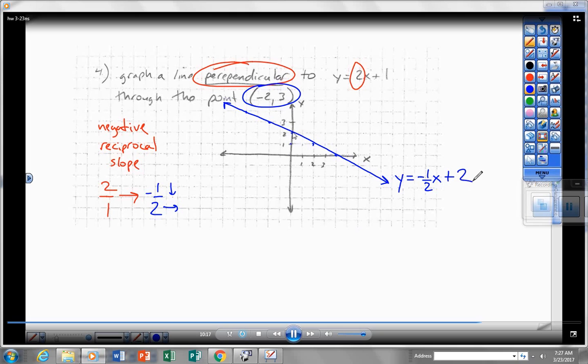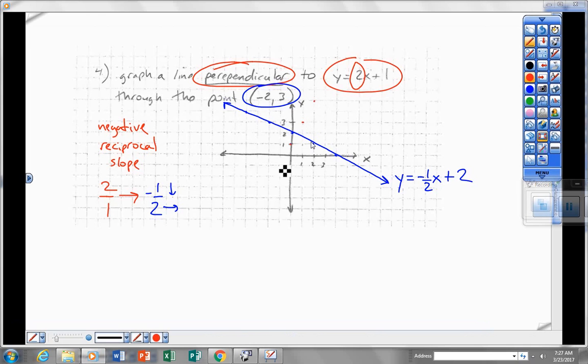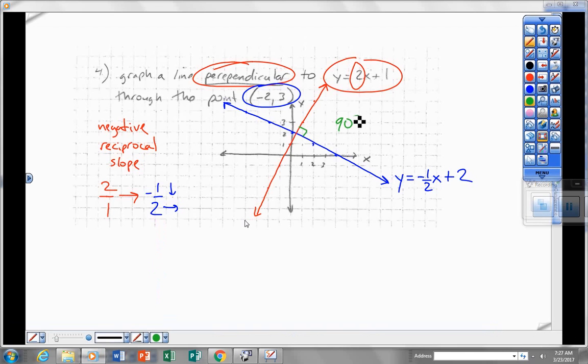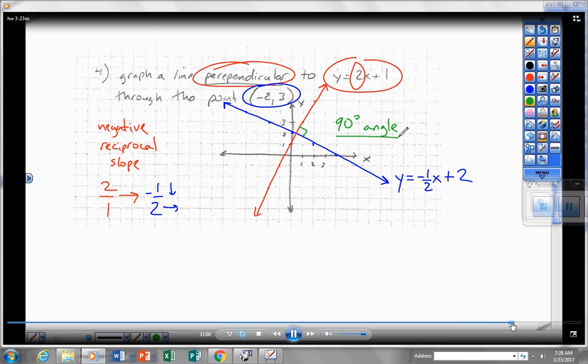That is the line perpendicular to this. I'm just going to graph this line for you so you can see what it looks like. So 1 over 1 up 2, over 1 up 2. Draw my line, and you can see these lines cross each other at a 90-degree angle, a right angle. Perpendicular lines.